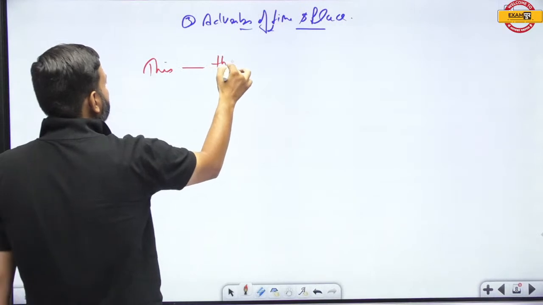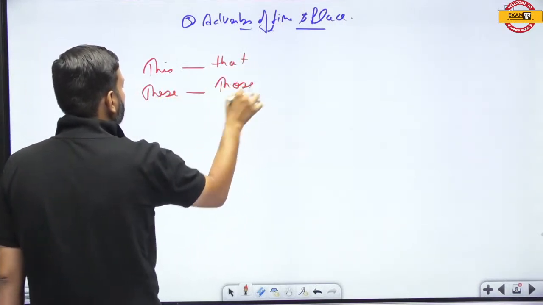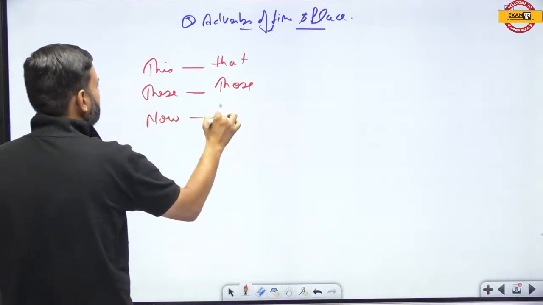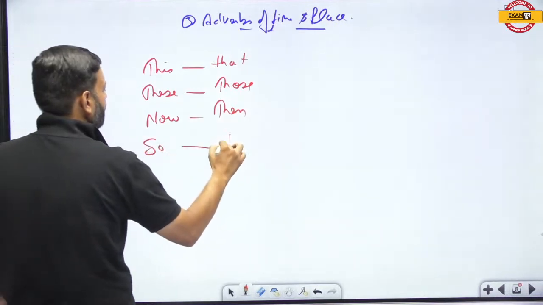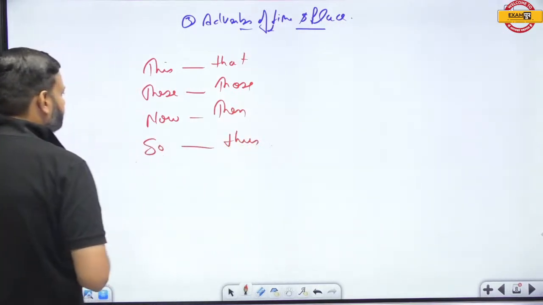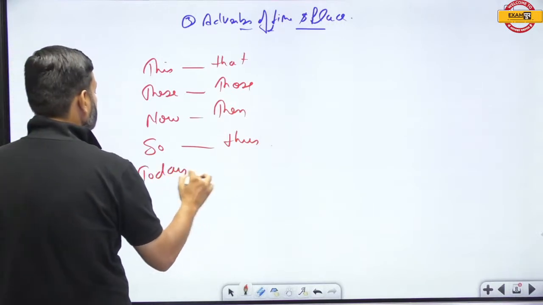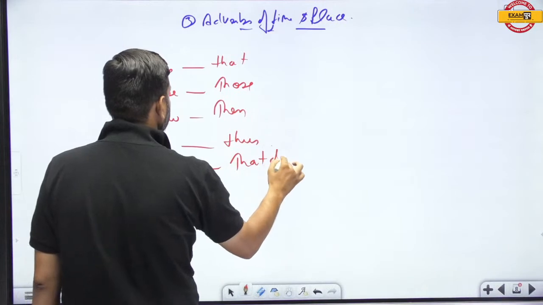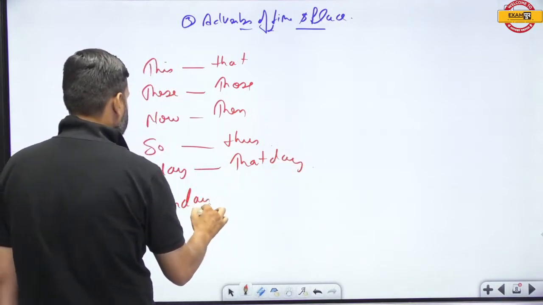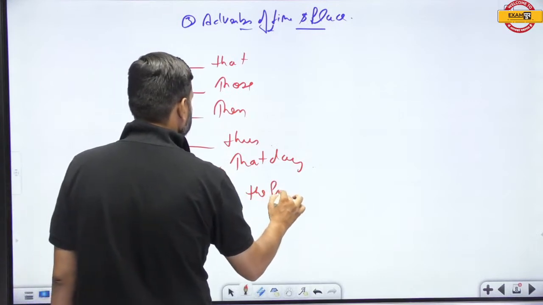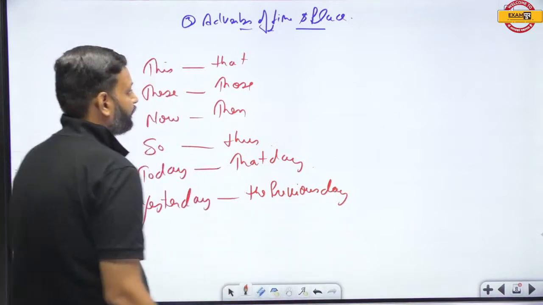This becomes that, these becomes those, now becomes then, so becomes thus, and today becomes that day, yesterday becomes the previous day.